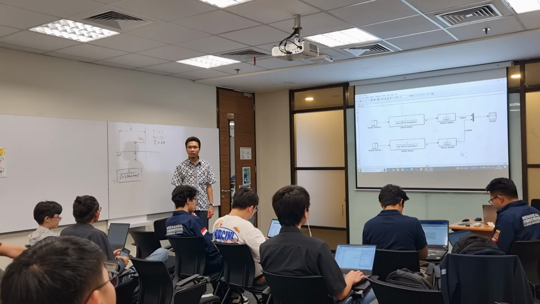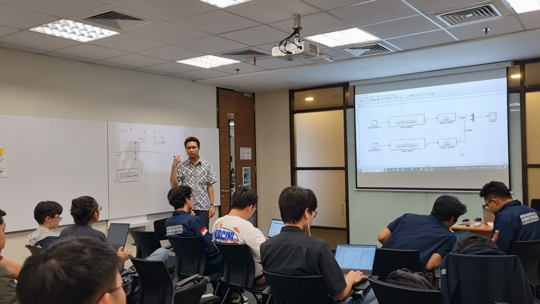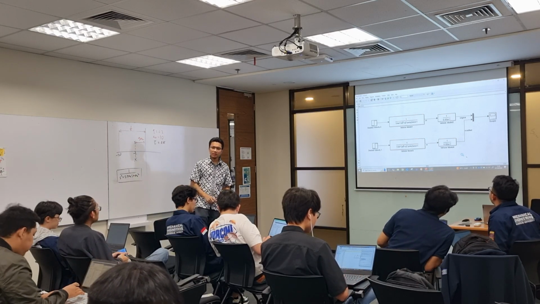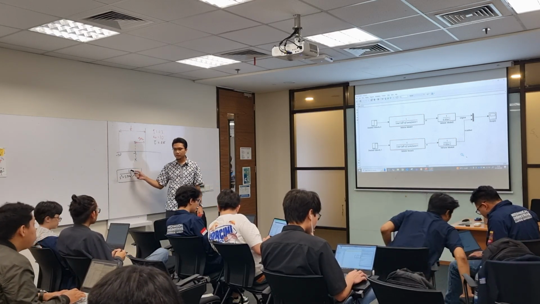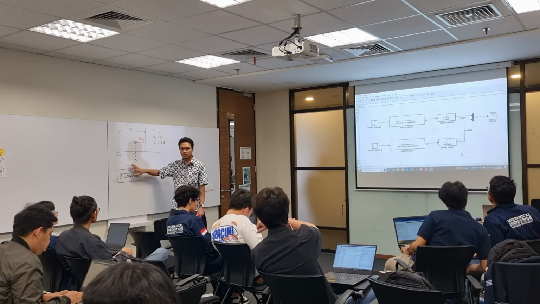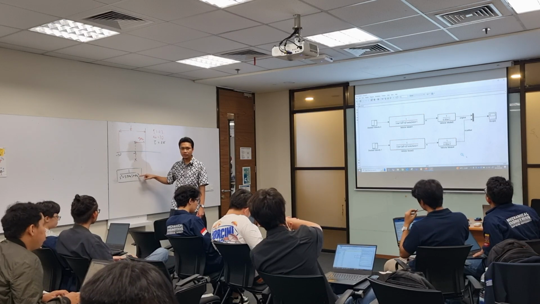I'm using the standard form because I want my output to be 1 and I don't want to bother with adjusting the constant over here, so that the final value is 1. In this format, the final value is 1 over omega n squared.